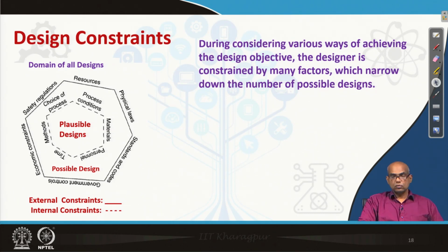Now, while you are designing a process, you consider various ways of achieving the design objectives. While doing so, the designer will be constrained by many factors, and these constraints will narrow down the number of possible designs.